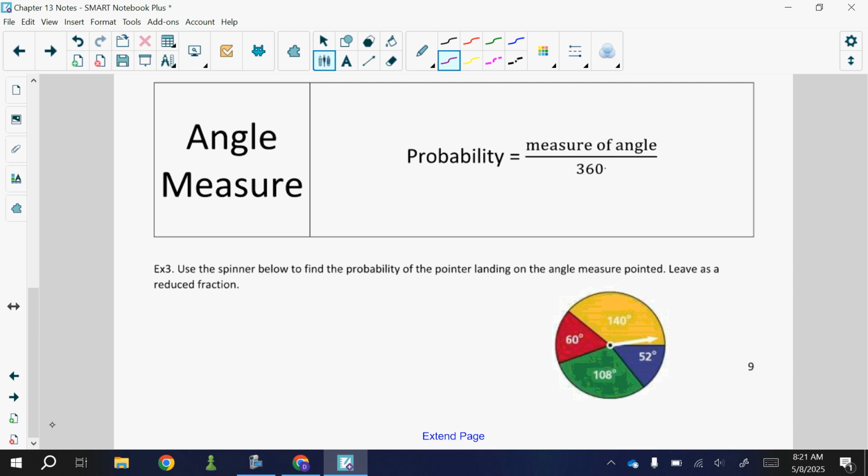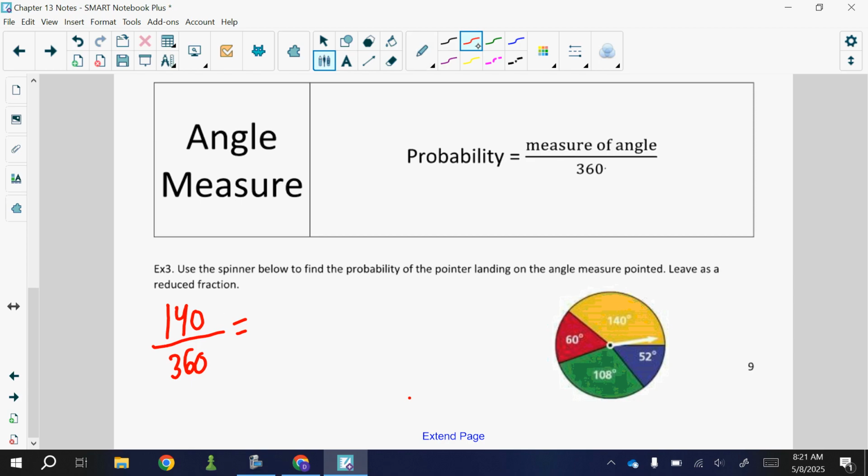Example 3 says use the spinner below to find the probability of the pointer landing on the angle measure pointed. Leave answer as a reduced fraction. The arrow's in the yellow sector, so we're looking at a probability of 140 over 360.